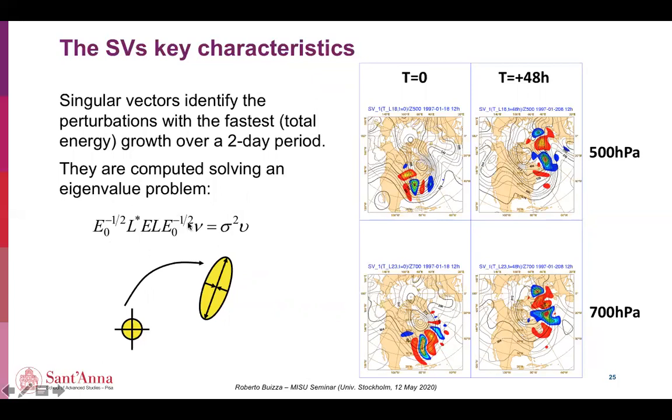So we need to solve an eigenvalue problem defined by the tangent forward and adjoint operators of a nonlinear model, with some weights that define essentially what type of statistics you want to enforce at initial time and at final time.